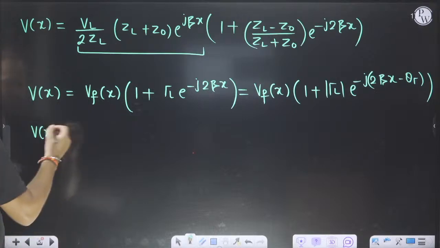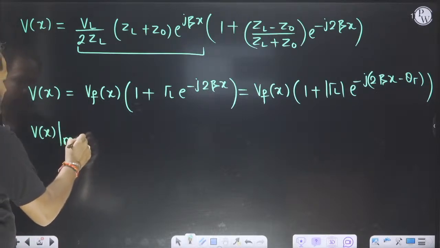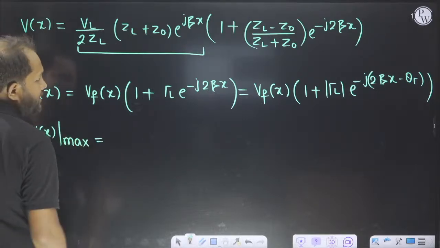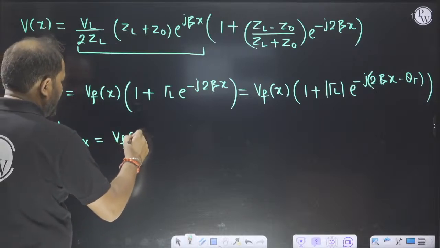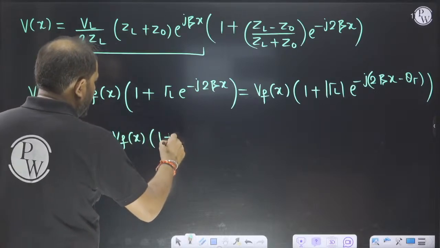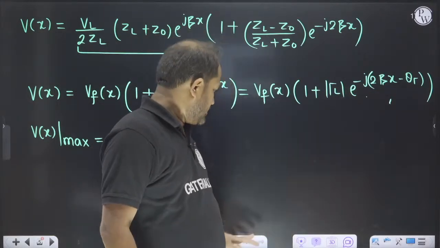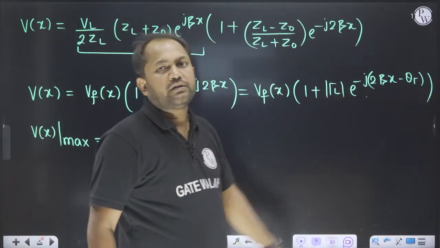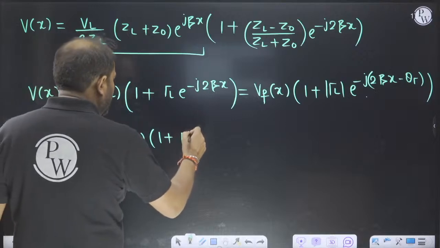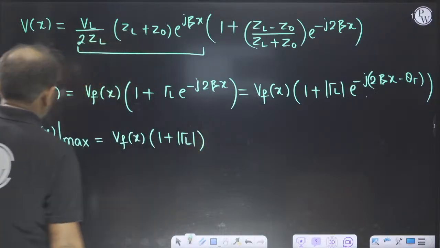What is the condition? If I ask what the maximum value is, you will say the maximum value will be V_F(x) times 1 plus, where the value of e to the power jβx should be 1. If it is 1, then the maximum value will be 1 plus mod gamma_L.